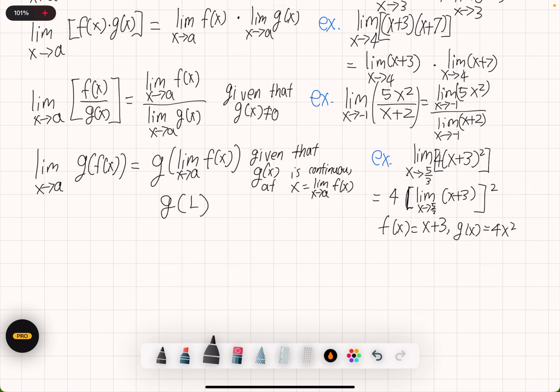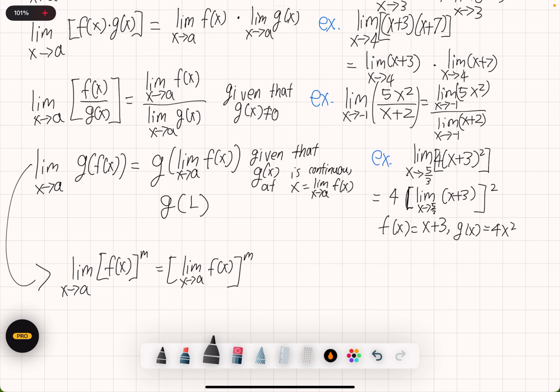So that's about the main properties, but using this last property over here, we can derive a few new properties, like special cases of this. So using this, we know that the limit of f of x to the power of m as x approaches a is going to be the limit of f of x as x approaches a, to the power of m.